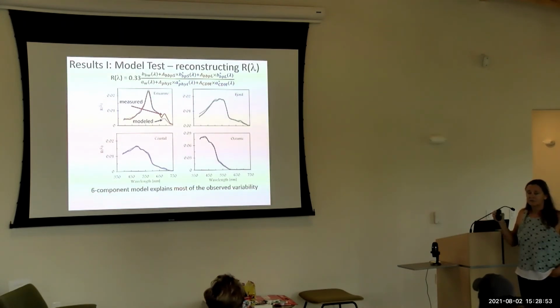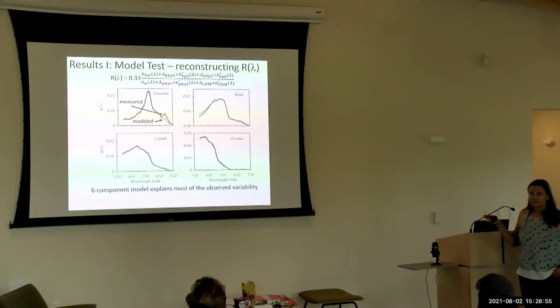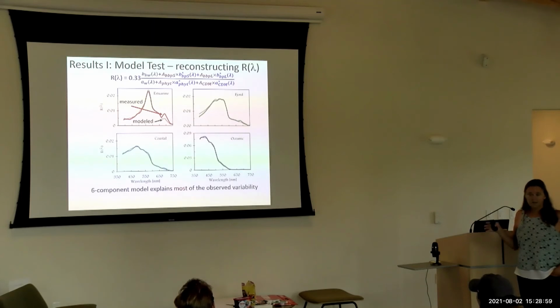That's it. Just by varying the relative concentrations of them in a least squares way, you can reconstruct from 9% reflectance down to like 1.5% reflectance. Maximum in the blue, maximum in the green and yellow. So just those components explain most of the variability in the global ocean.